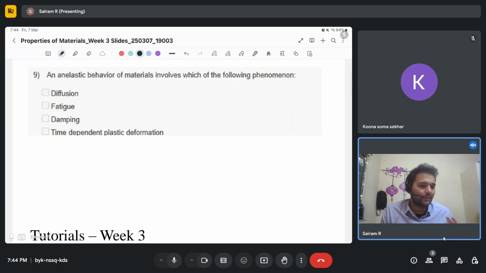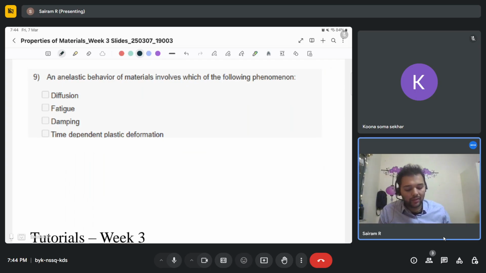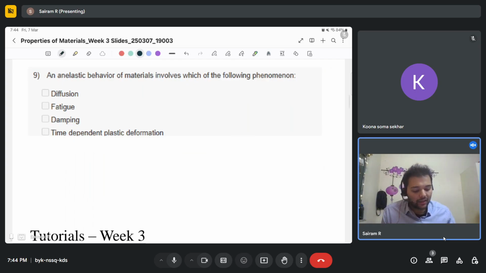This would have been explained in Sir's third video, where he explained what happens when stress is applied to a steel, where the carbon atom is dislocated from one position and moves to another position. So diffusion is a very important phenomenon which occurs in anelastic behavior.